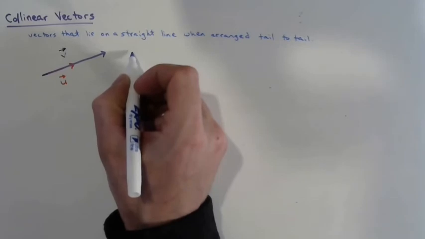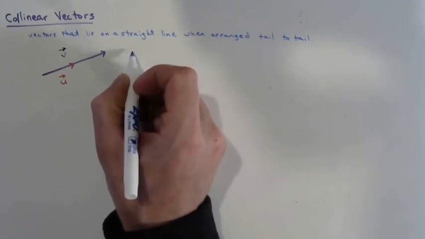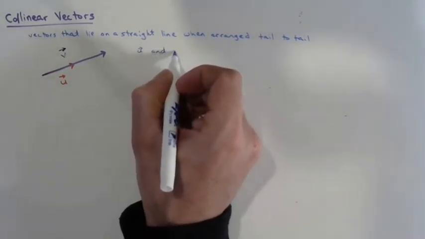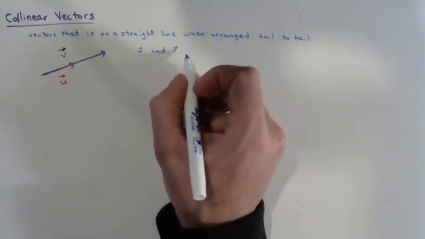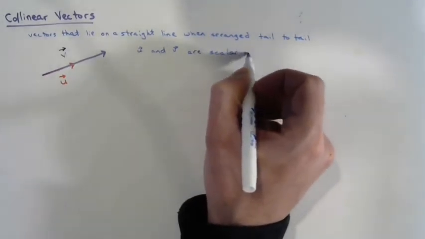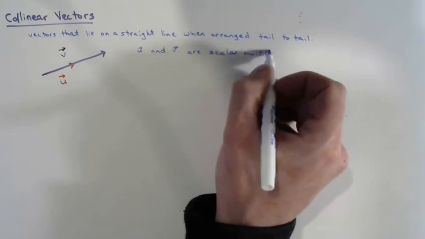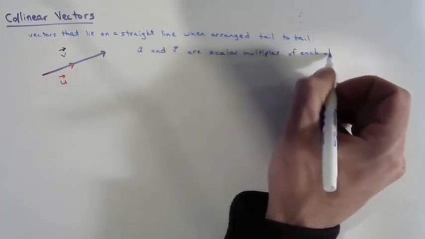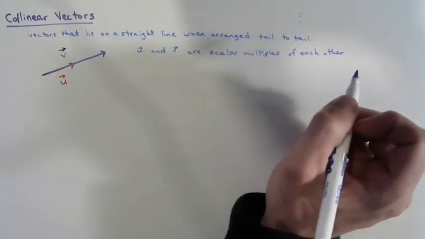A couple other notes that are true about non-zero vectors u and v. U and v are scalar multiples of each other.